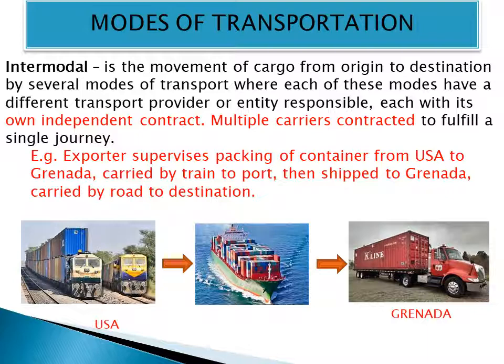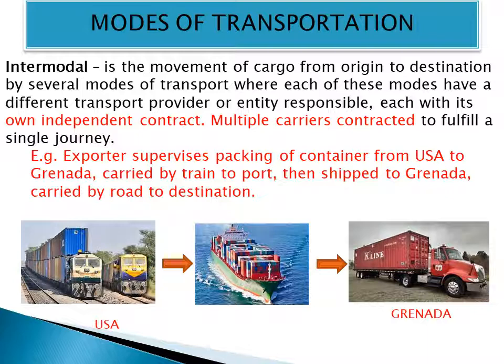So you're going to first move them from inner state to coastal areas where ports are. Normally they use trains, because we're talking here trailer. So yes, you have trailer trucks, but if you have multiple containers, you may want to hire the services of the trains that take these containers to the port. And then once it gets to the port, it's packed on the ship, then it's shipped to Grenada.